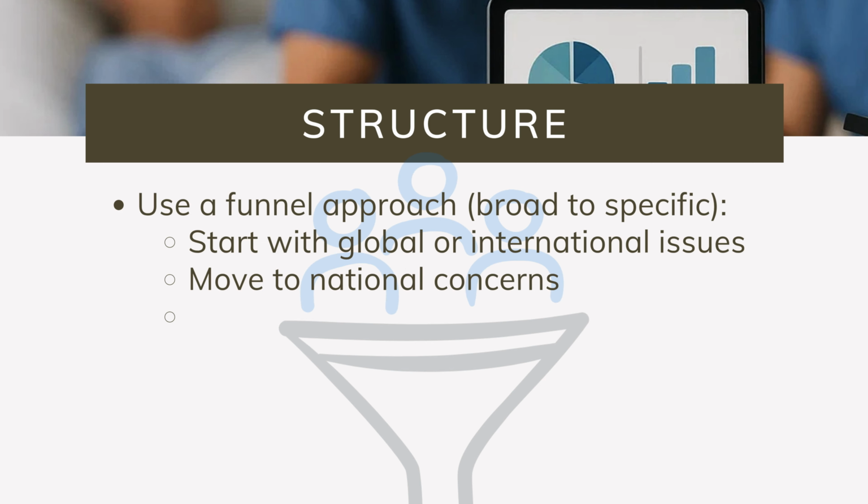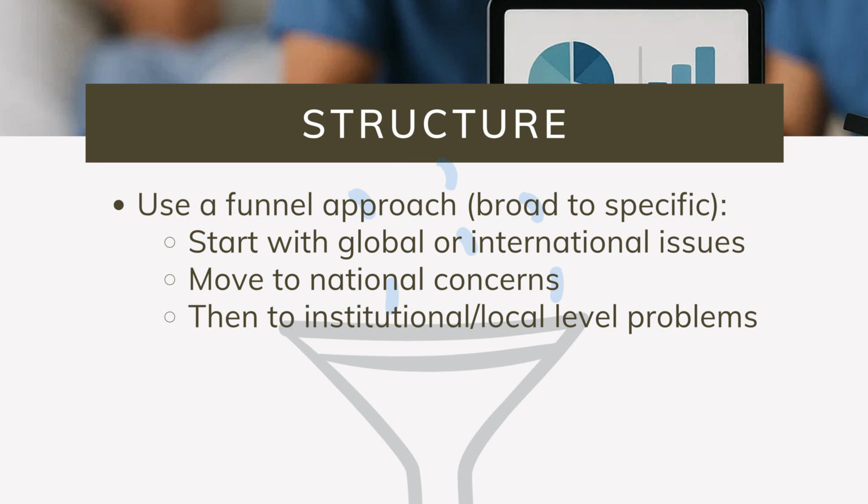We begin with the global or international issues. This shows that your topic is relevant on a large scale. For example, if your topic is infection control, you might mention WHO statistics or international trends in hospital safety.